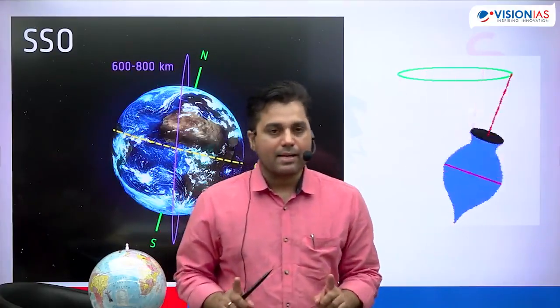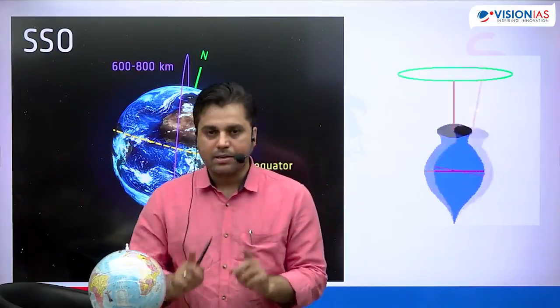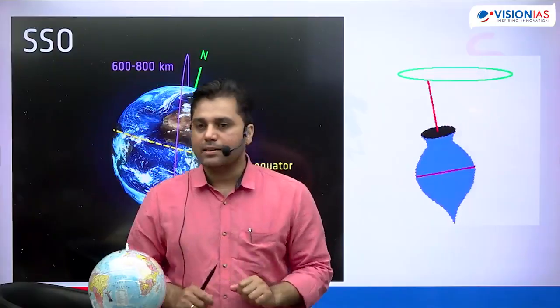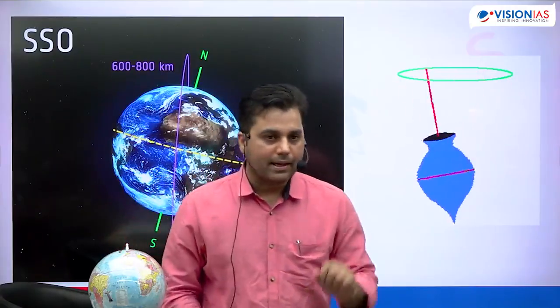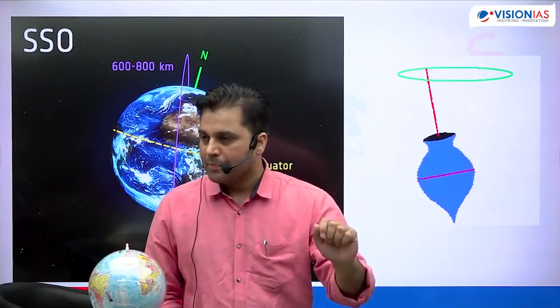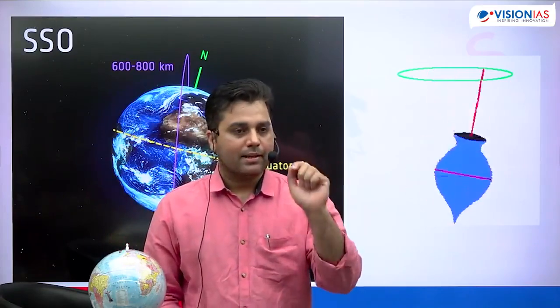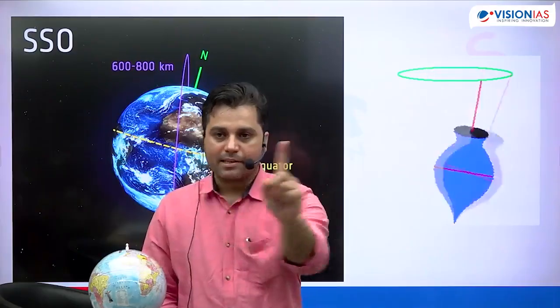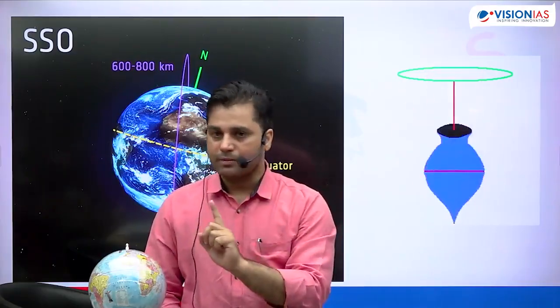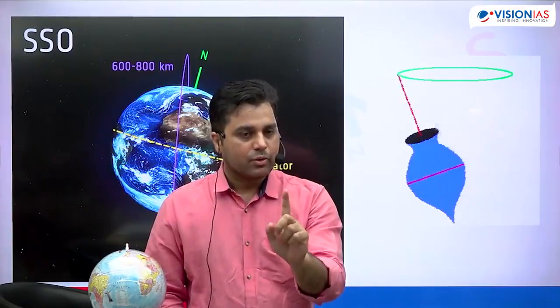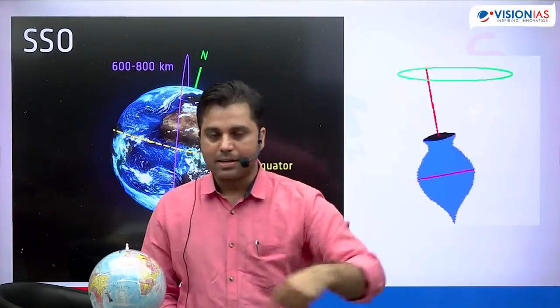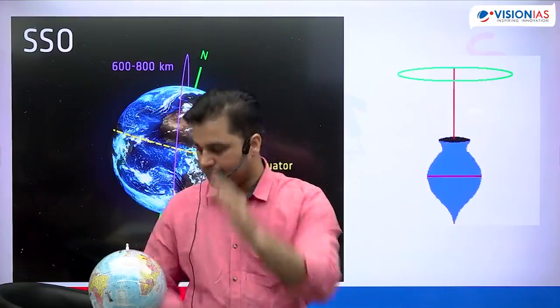It's a mathematical calculation, a complex calculation, but it has been done and we know the answer, that now we have to find an inclination and a height where that precession matches exactly the change in Earth's position because of its revolution, which is 1 degree every day. So now think of a satellite's orbit. This orbit is precessing.